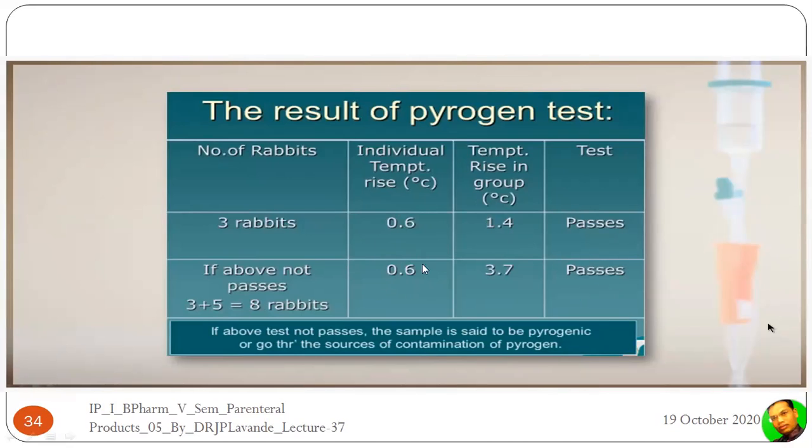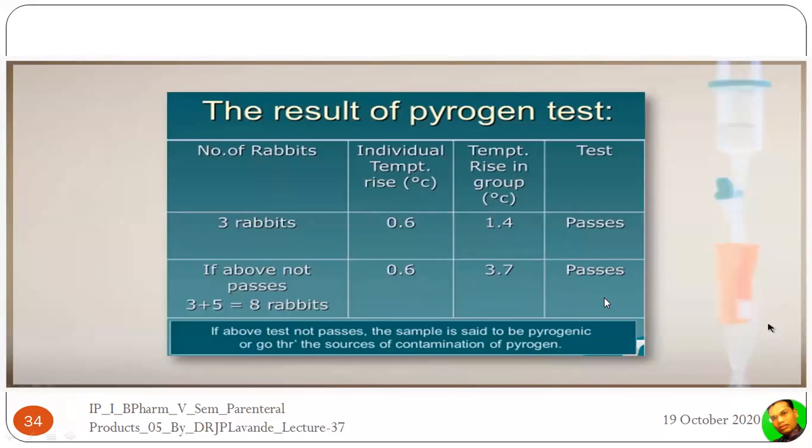But suppose 1 or 2 of the rabbits show a rise in body temperature of more than 0.6 degrees Celsius, then we need to go for the sum response of the rise in body temperature. If the sum response is 3.7 degrees Celsius or less, we can say it passes the test. If it is more than 3.7, then it fails the test.